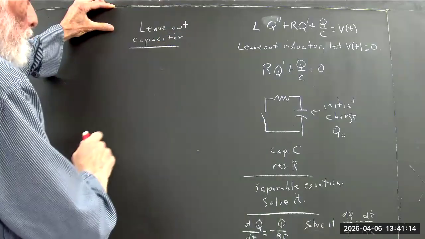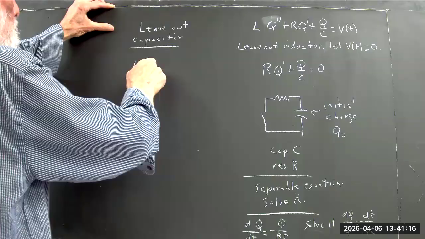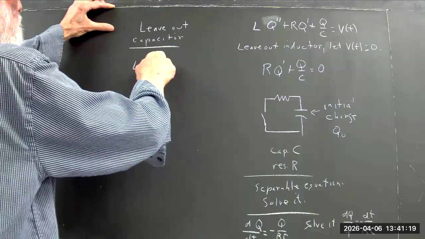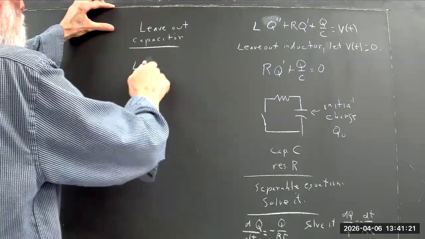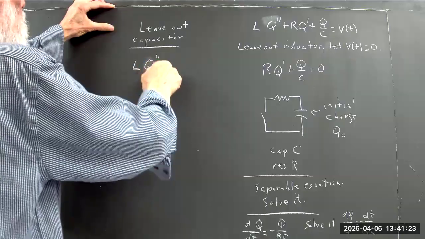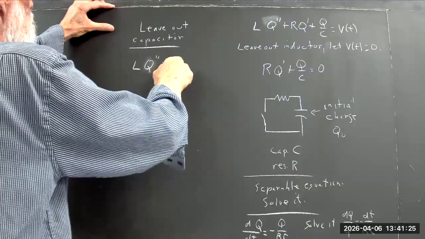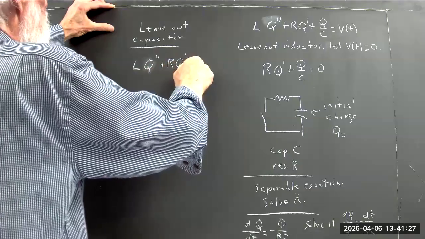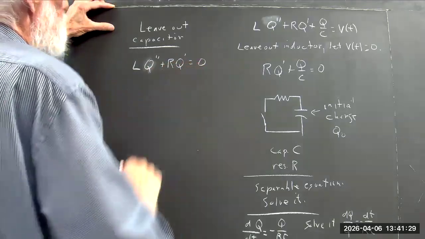Leave out the capacitor. You can draw it. You get L Q double prime plus R Q prime equals 0.